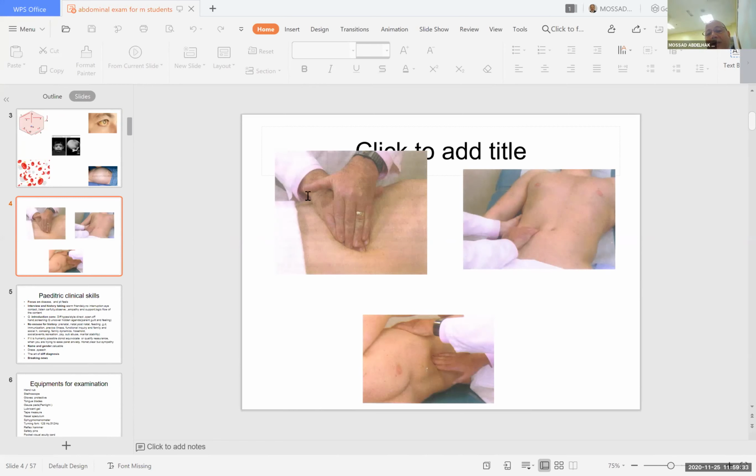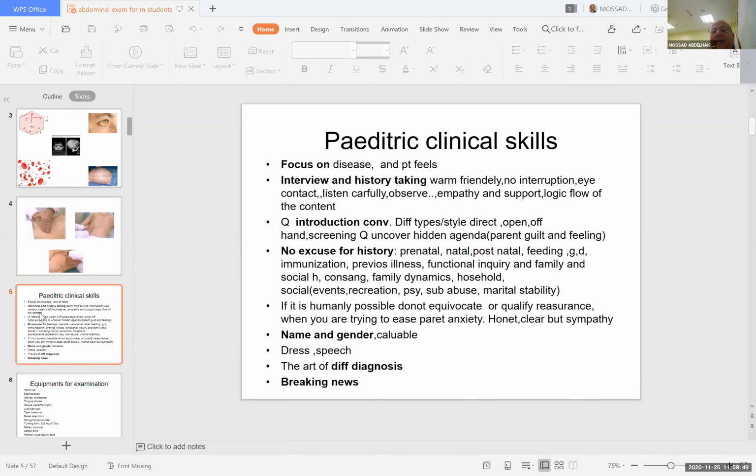As I told you, you must start from the right, but you are going to the left side, and this is the kidney. Sometimes, if you cannot palpate it, you need to turn the patient to the side, okay?